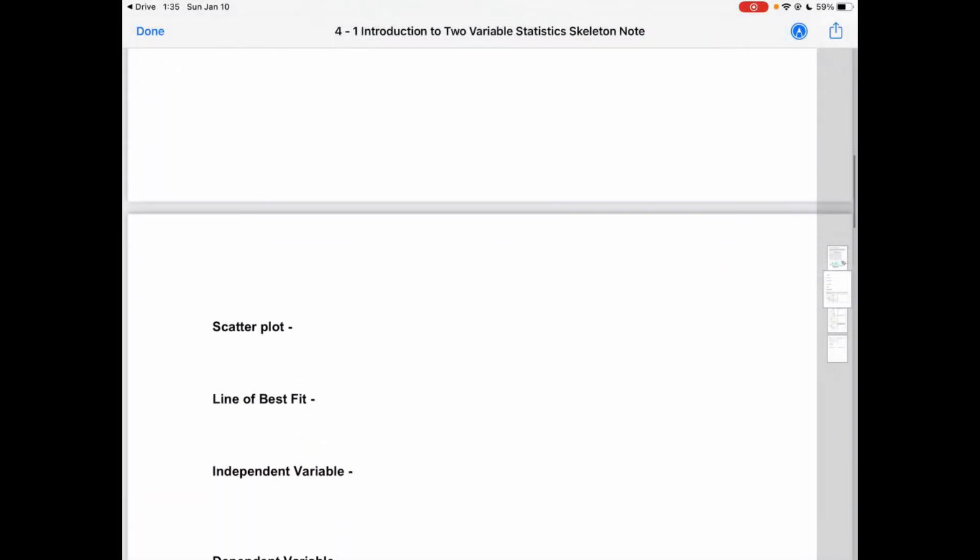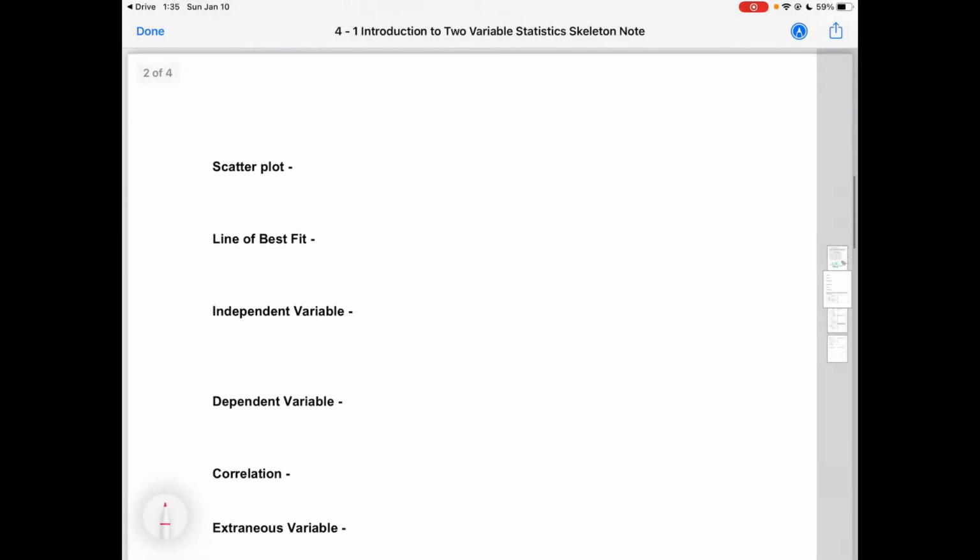So let's keep going. We're going to look at some definitions, some of which you should already be a little bit familiar with.